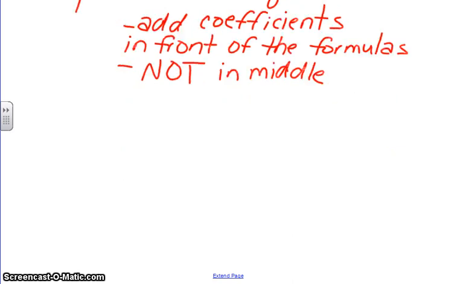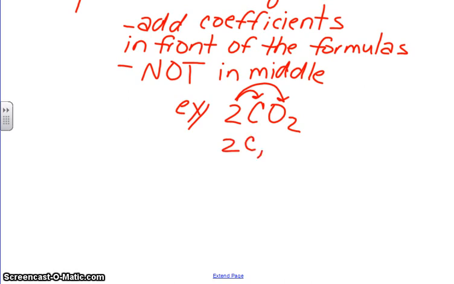So, for example, if you had 2 CO2, that sort of acts like a distributive property. So that means we have 2 carbons and how many oxygens? 4. 4 oxygens. Those coefficients distribute to everything in the formula.